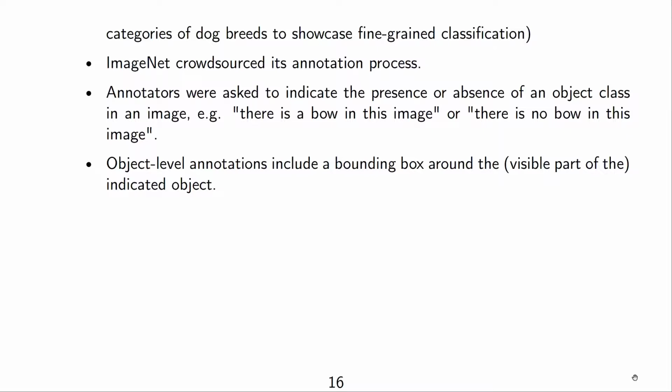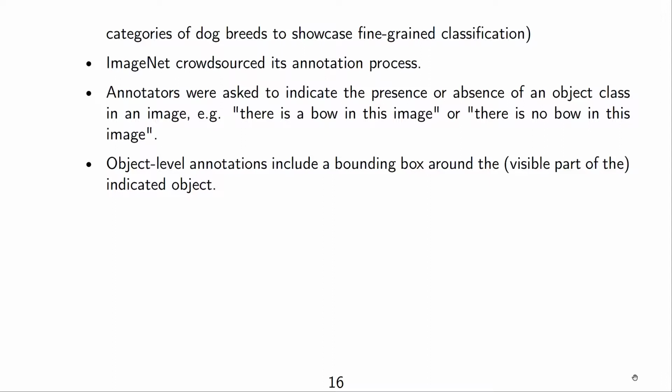And so then, how were the images annotated? This was done by crowdsourcing the annotation process. And the annotators were asked to indicate the presence or absence of an object class in an image. Is there a bow in the image, or is there not a bow in an image?